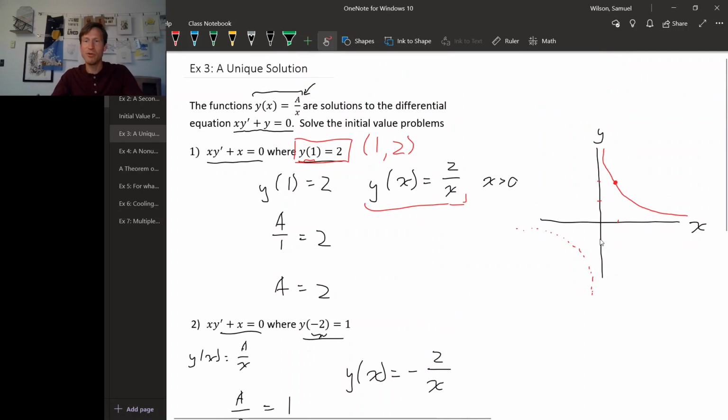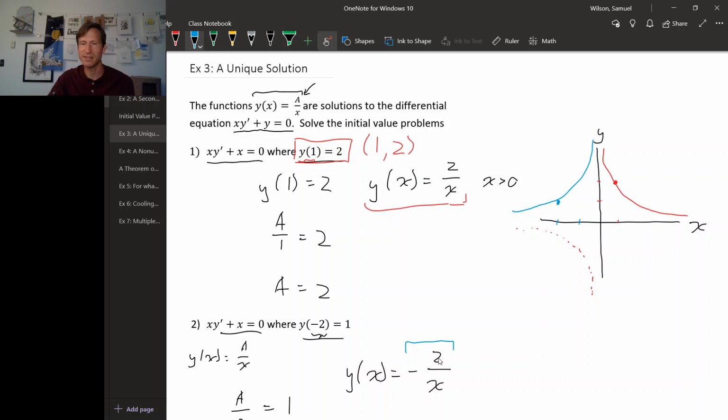Now just like before, we should plot this initial condition. So minus 2, 1 is here. And there's a continuous part of the graph of minus 2 over x that goes through this point. But this time it's the part on the left, not the part on the right.